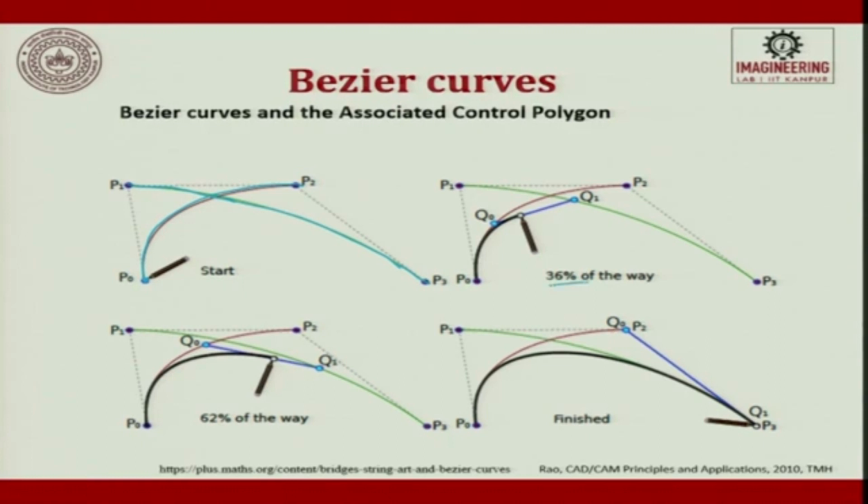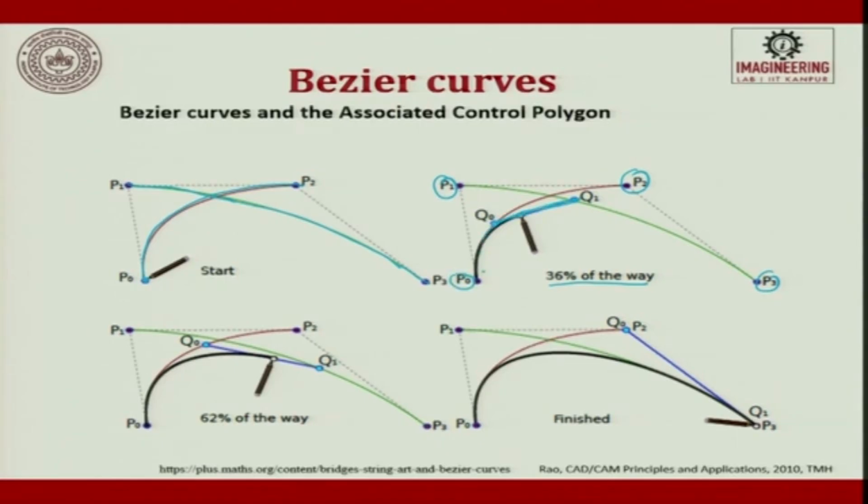Now, 36% on its way, you see it will try to join this, and then join this point and this point, and then it will start drawing an arc. So you see here it tries to draw along this. When it moves, it will define Q0 and Q1 points. So these are the control points, these are the start point, end point, and these are the points which are generated during the process.